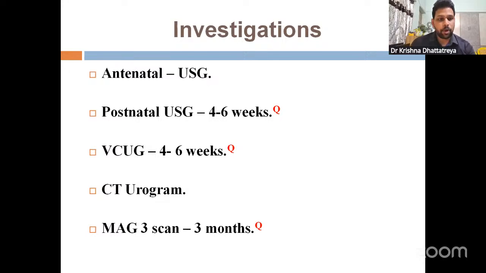Before we perform the voiding cystourethrogram, you have to confirm whether there is any UTI or not. In case of UTI, you have to postpone this test for a few more days and treat that UTI first. And CT urogram will be useful to delineate the lower tract and upper tract. And MAG3 scan is a functional scan. Ideally, this scan is done at 3 months of age after detection of the ureterocele.